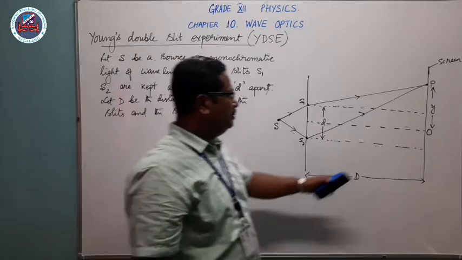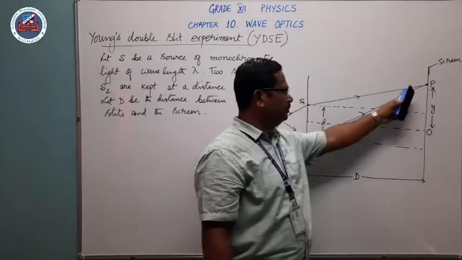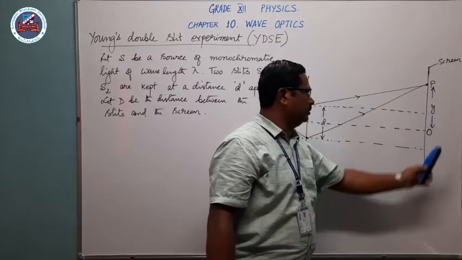Also let P be the point at which the two light waves interfere, and P is taken at a distance Y from the center of the screen.